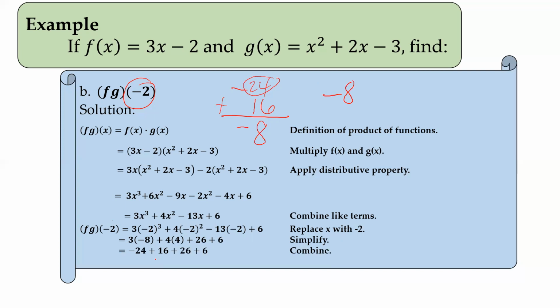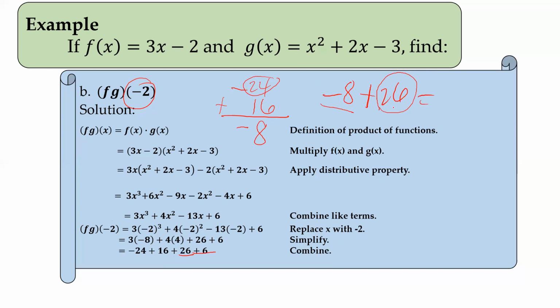Okay, dito na tayo na part. Plus 26 and plus 6. So, mauna na naman tayo dito kay plus 26. So, negative 8 plus 26. Ang inyong sagot is kailangan positive kasi mas malaki si 26 kaysa kay negative 8.